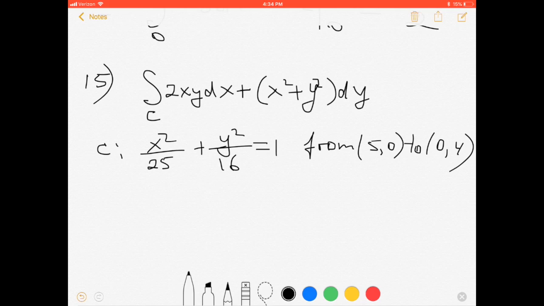How does it work here? Here we first need to find a potential function, and we need to check whether we can find a potential function or not.